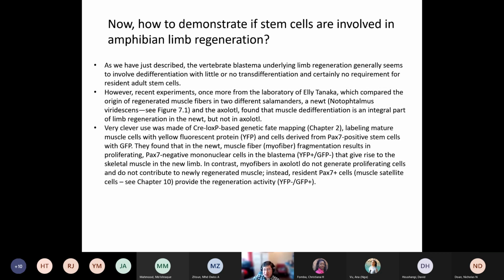That means the cells only proliferate and give rise to some progenitors, but they never go through a stem cell stage. Because if the cells become stem cells, that PAX7 GFP will be able to indicate the presence of them. But the answer is no. Therefore, in this particular experiment, they don't have the involvement of stem cells.